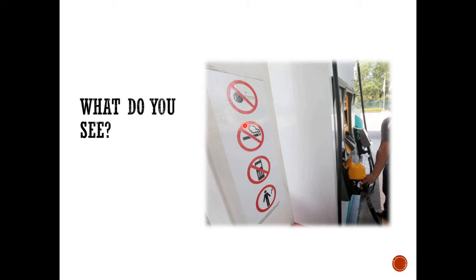When you go to the petrol station, you can see these four signs, and I believe some of you didn't notice that the sign below has a relation with what we will learn today about electric shock, or electric charge. So after this, when you go to the petrol station, please be alert to the sign.